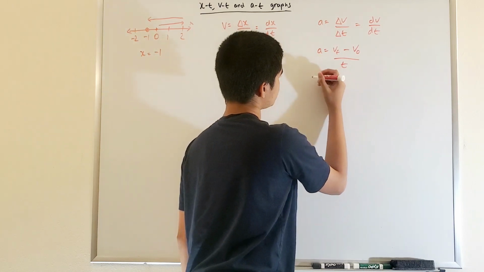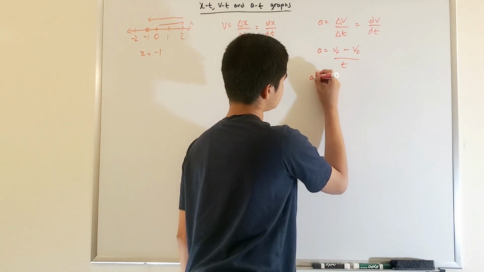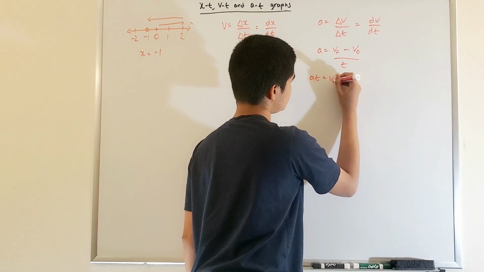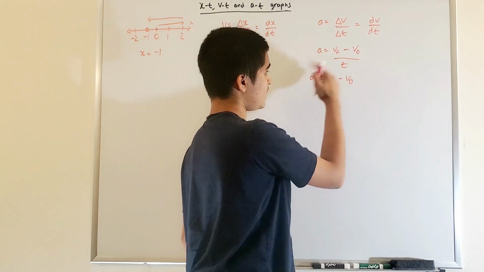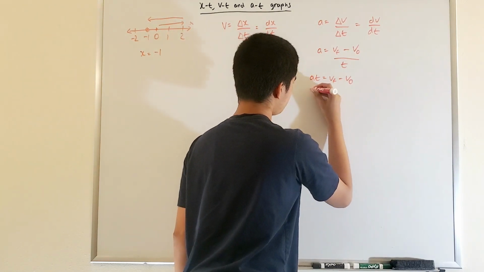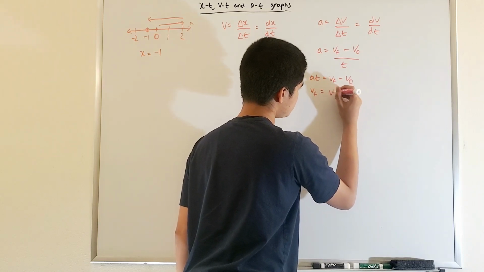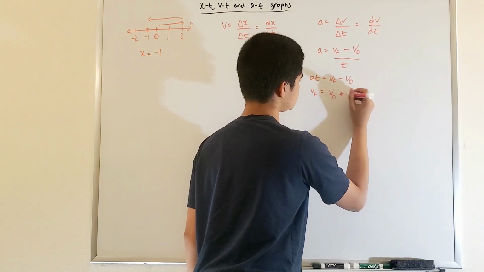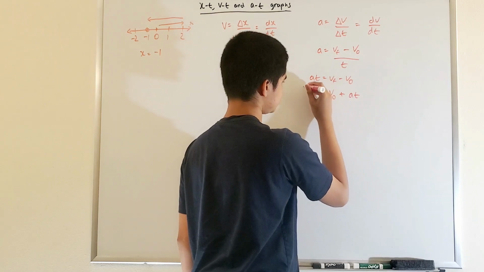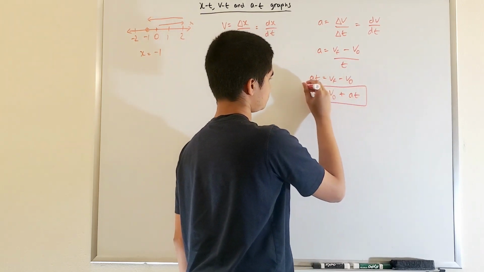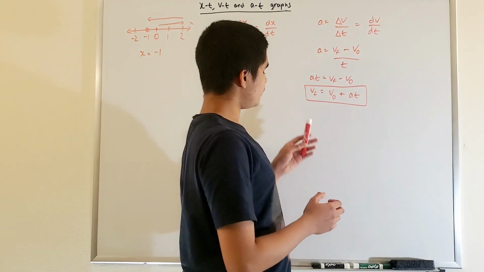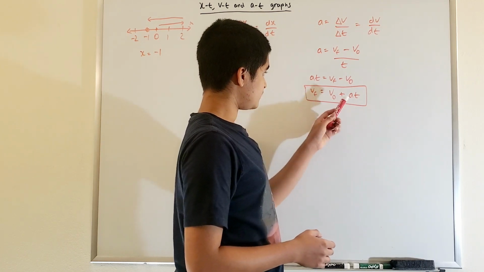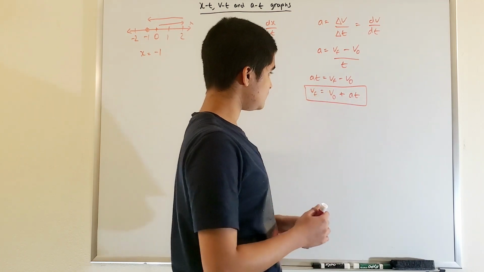Multiplying by t on both the sides, we get at is equal to Vf minus V0, and adding V0 on both the sides, we get our first kinematics equation, Vf is equal to V0 plus at. Notice here that Vf is a function of the time t.